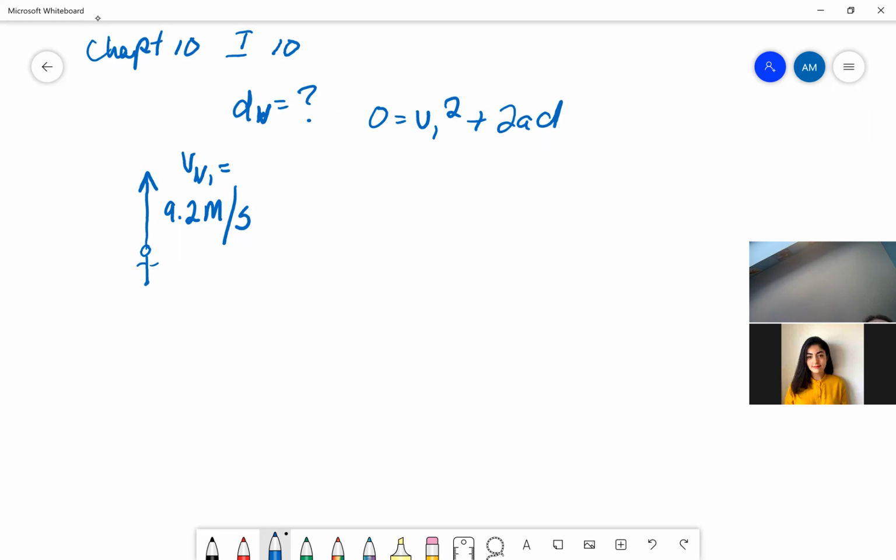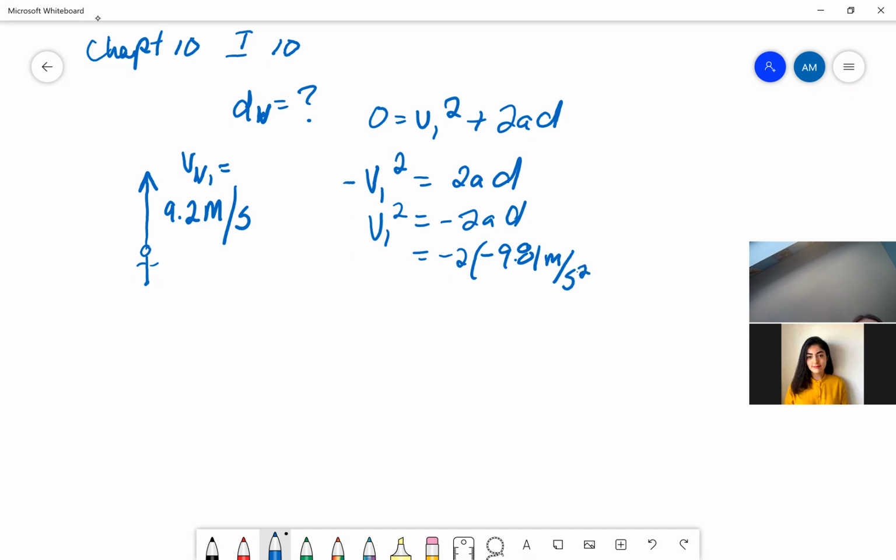And if we rearrange this, we're going to get V1 squared equals negative 2AD, which is equal to negative 2 times minus 9.81 times D. I didn't actually show this last time, just so you can see why the negatives drop out. Because it's a negative times a negative, this will now become positive.